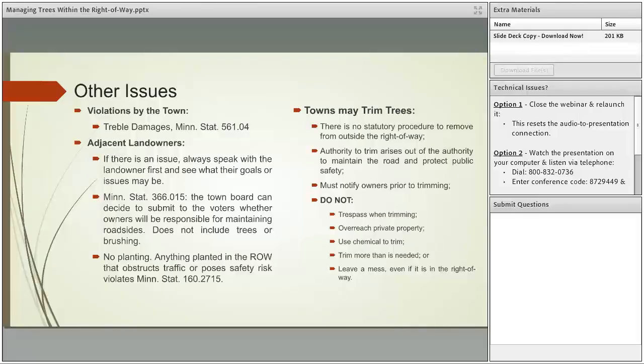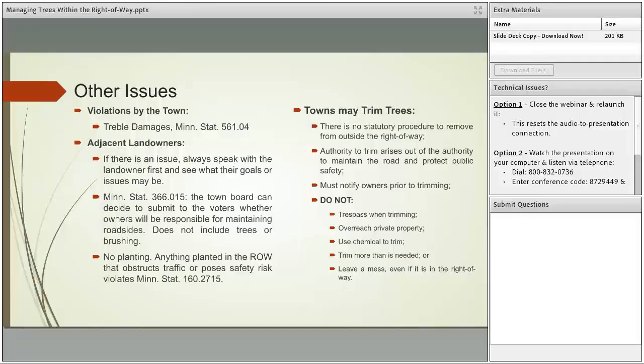So if you have branches that are dangling into the road, that are dangerously causing issues for the town board, or for drivers on the road, the town board can remove that, and you still have to notify the landowners. When you are doing this, not only don't cut into the private property, but don't even move into the private property to remove the trees.